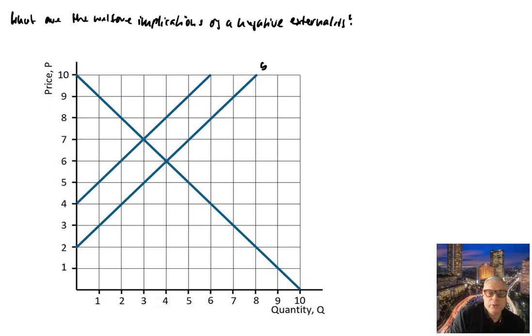So now we have additional social costs, I call that SC, social cost of 2. So every unit that we produce creates now an additional cost of 2.